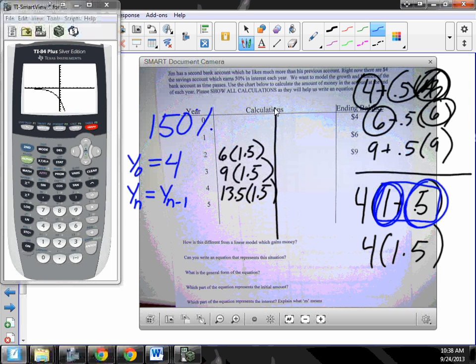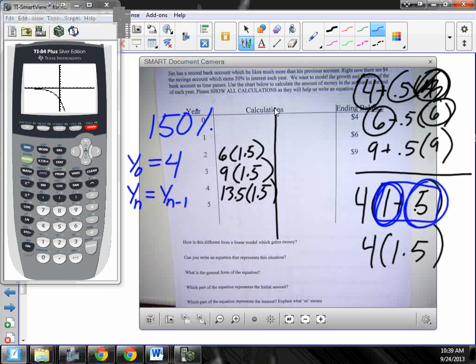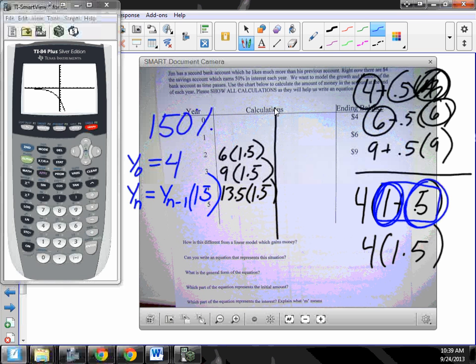And that's a little bit confusing. If this year is n, last year is n minus 1. What would next year be? Well, if this year is n and I go into the future 1 year, that would be n plus 1. So n minus 1 is last year and n plus 1 is next year. Okay? And then I'm going to times that by 1.5. Okay? That's for the recursive model.